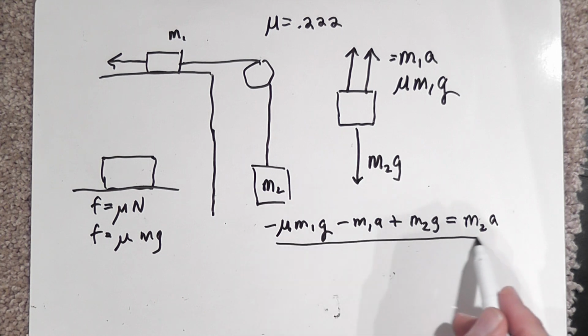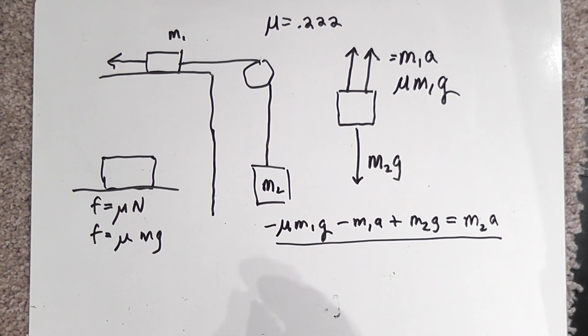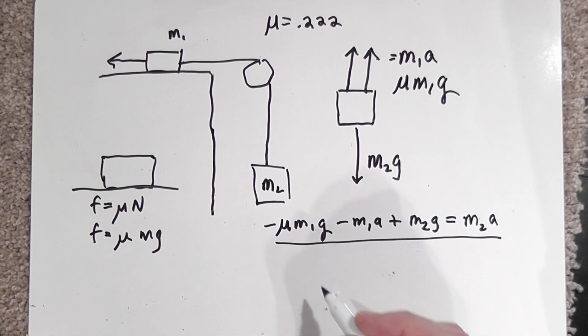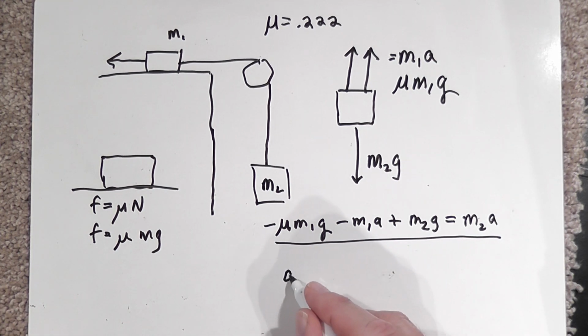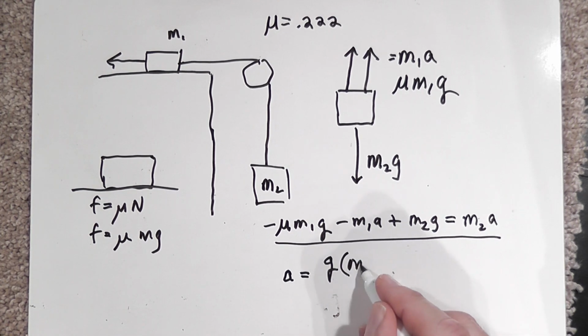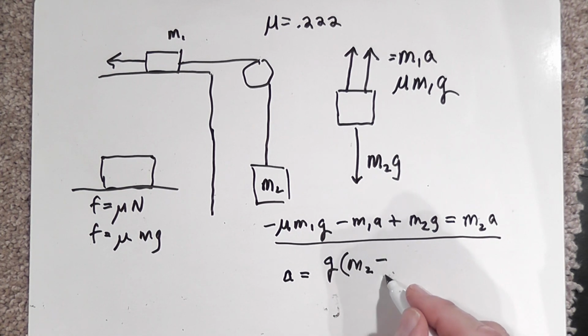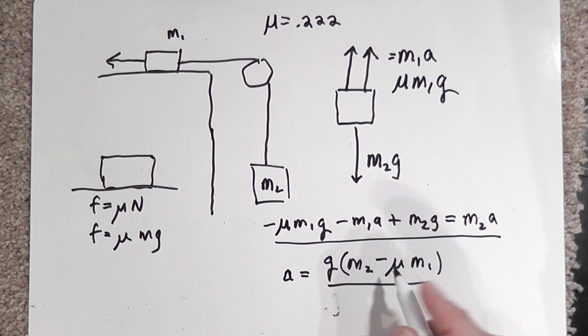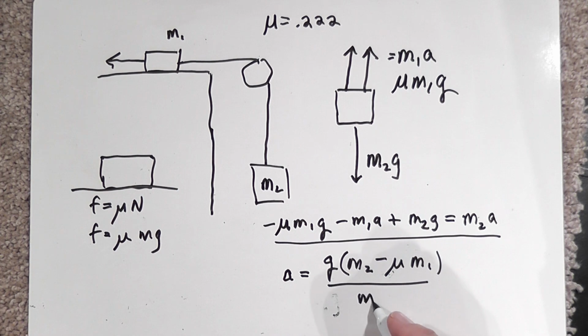So this is what you get, and now you have to solve for the acceleration. So let's do that. The acceleration is going to be equal to G times M2 minus mu M1, divided by the sum of both masses.